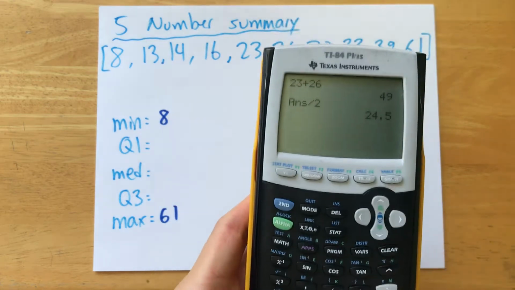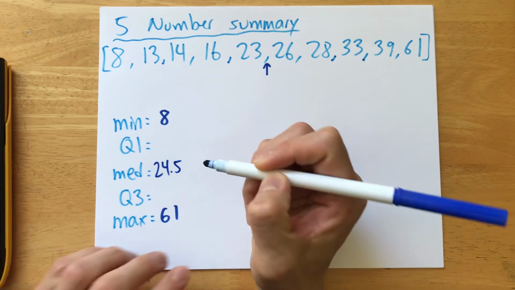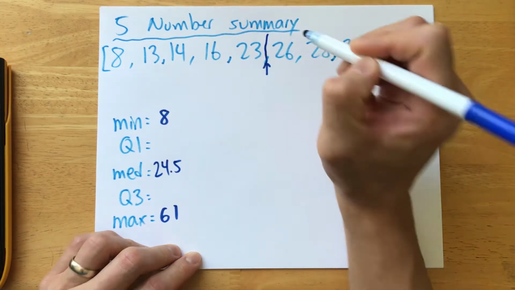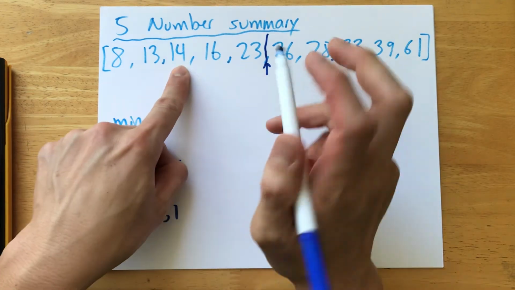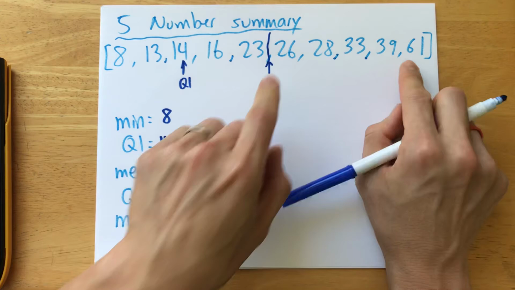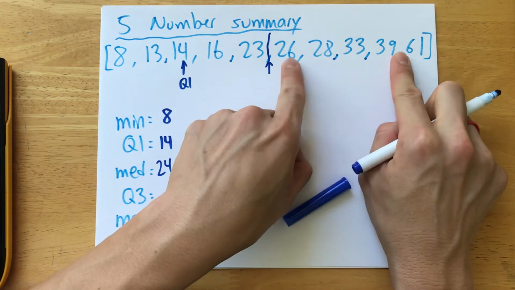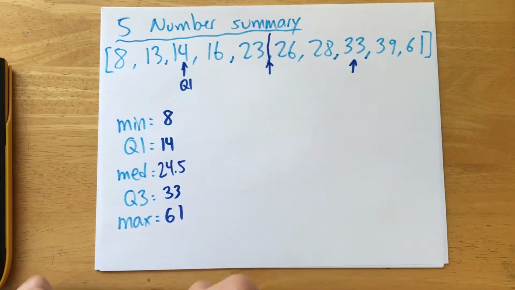So 24.5. Okay, so split right here. Q1 is the middle number of the first half. So that would be 14. Okay. Q3 would be the middle number of the second half. So that would be 33. Okay.